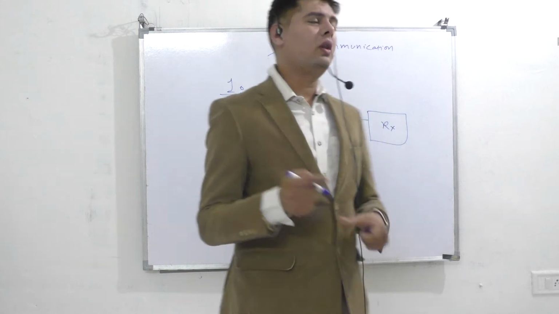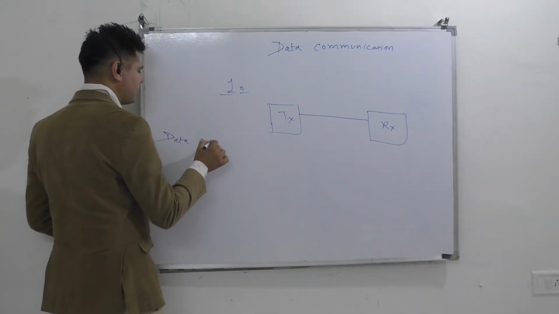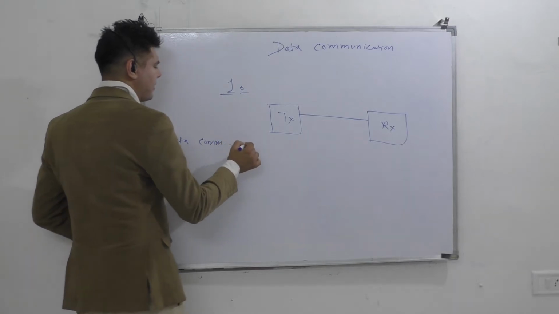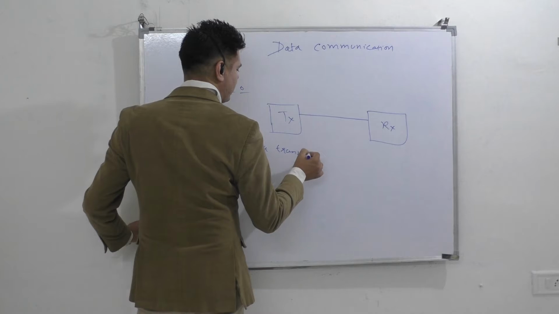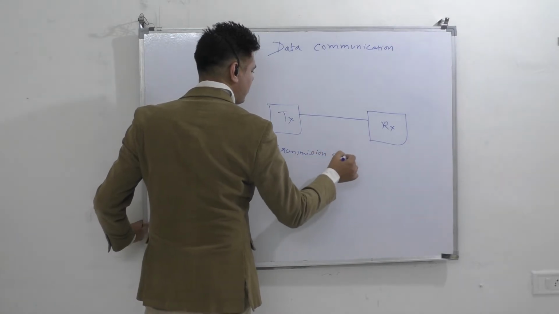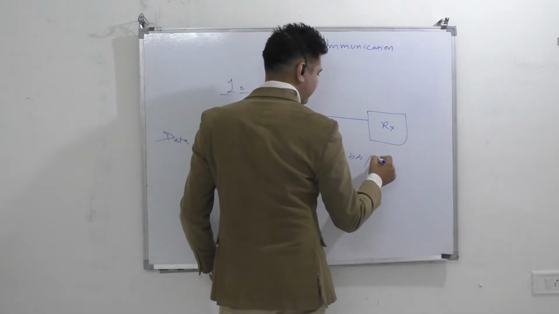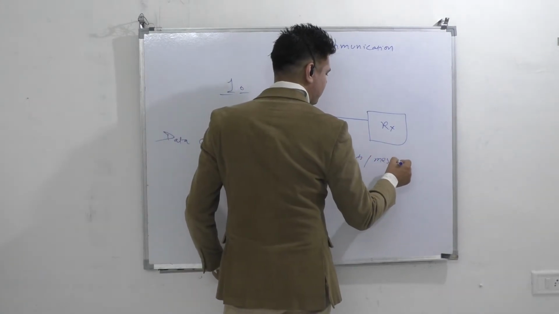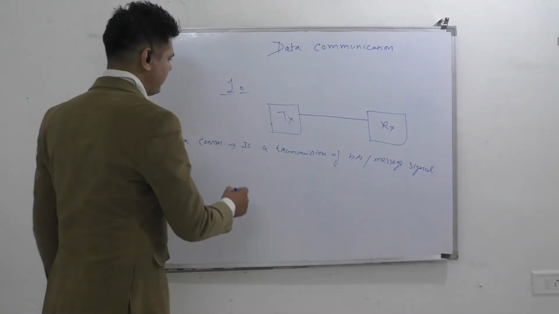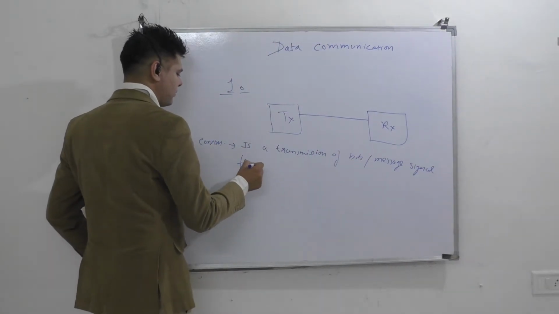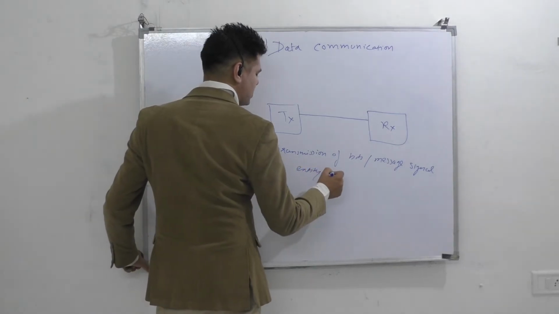So, first of all, data communication is a transmission of bits or message signal from one entity to another.